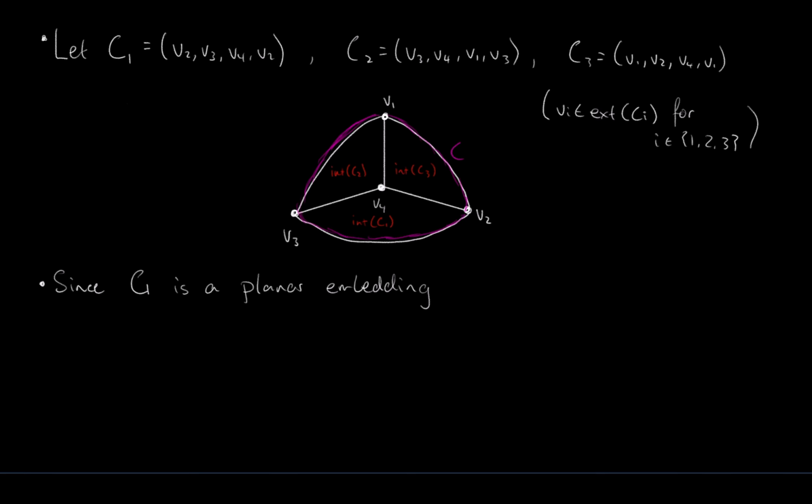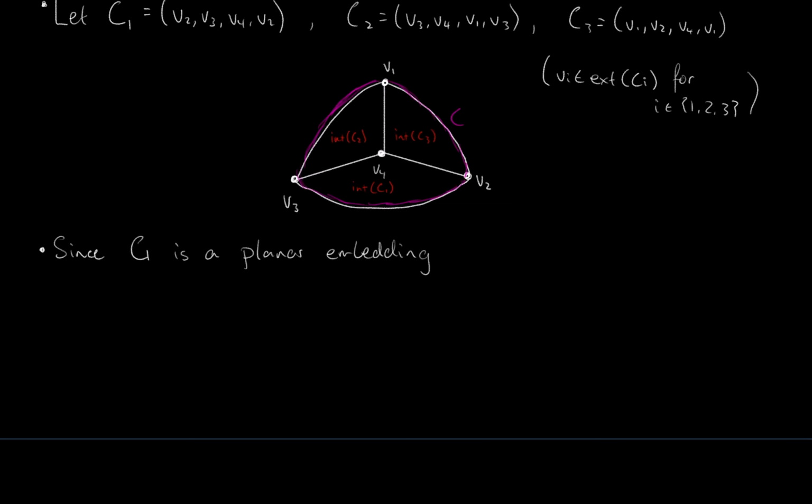We've given it the name G. So since G is a planar embedding and Vi, V5, so this edge, for i equals 1, 2, and 3, consider that edge. It is part of the edge set because we have the complete graph on 5 vertices.